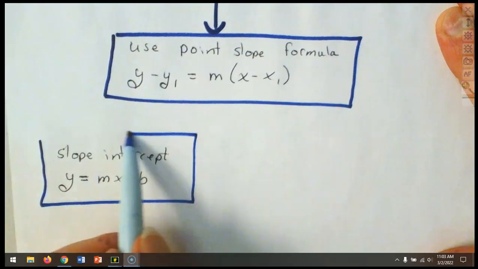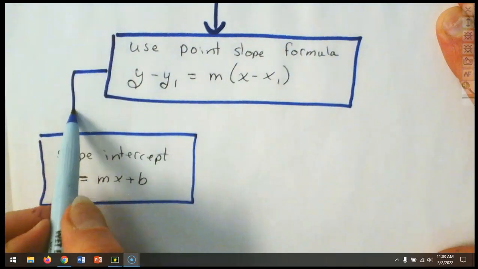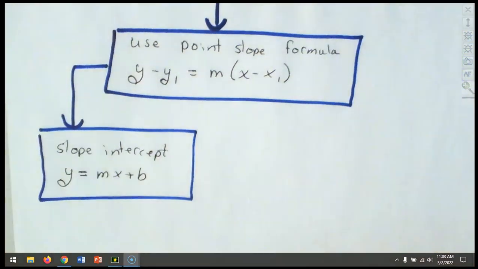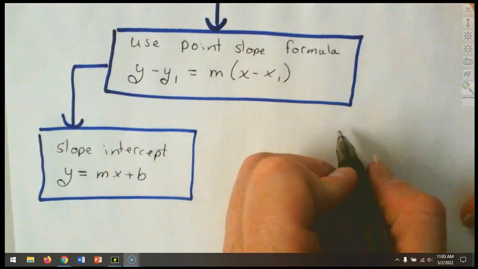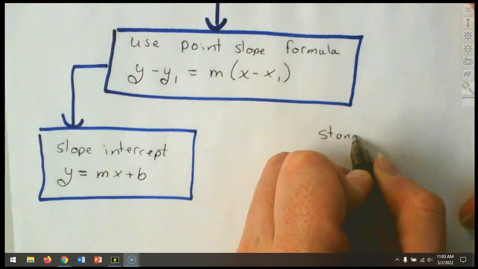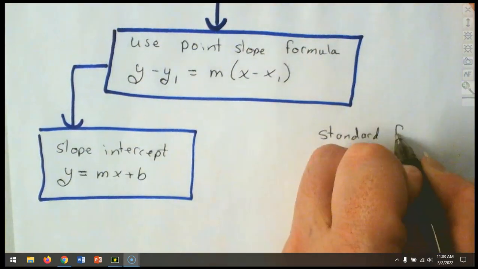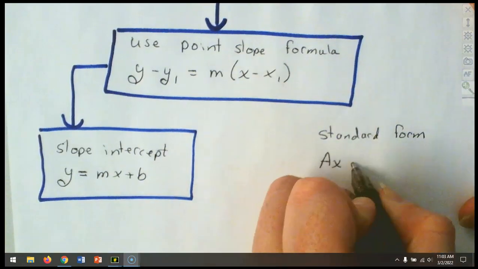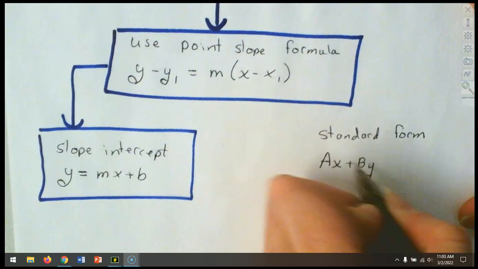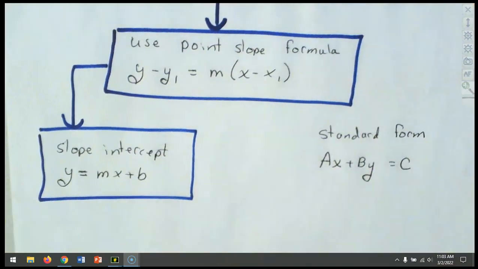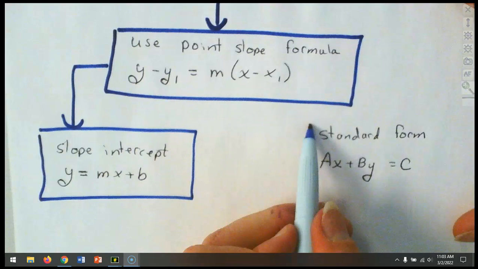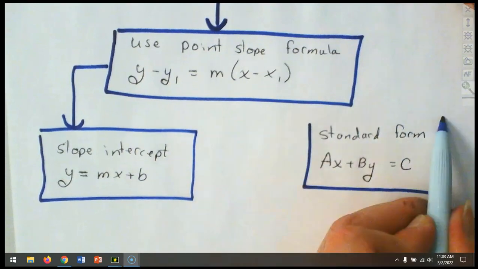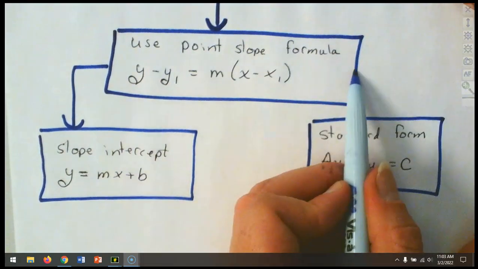And the question will specifically tell you either you write it in slope-intercept form or you write it in standard form, one or the other. And standard form is ax plus by equals c. So you'll either write it in one or the other.